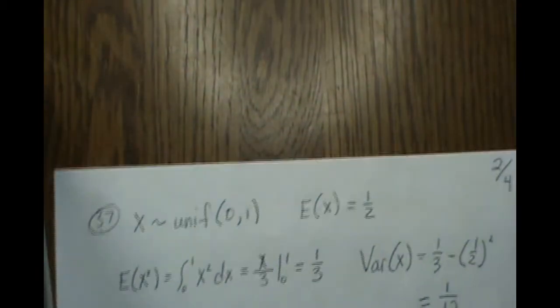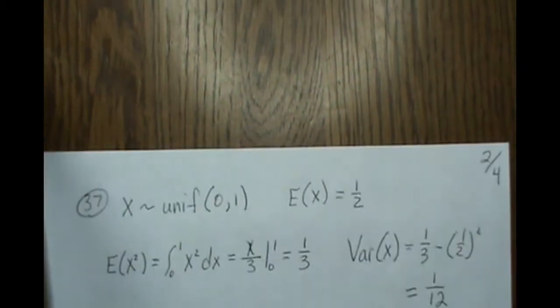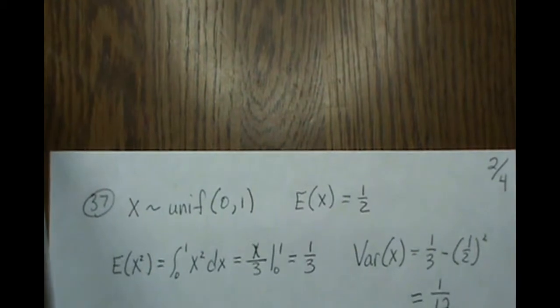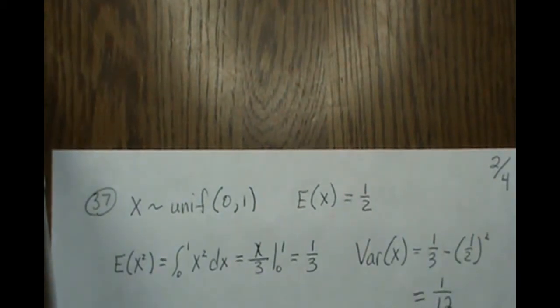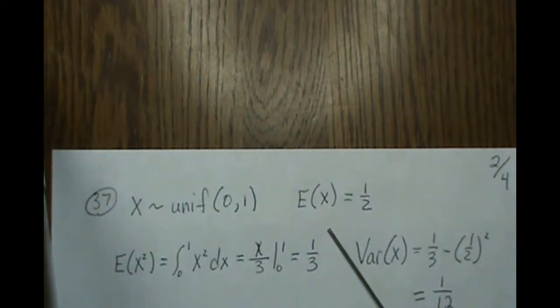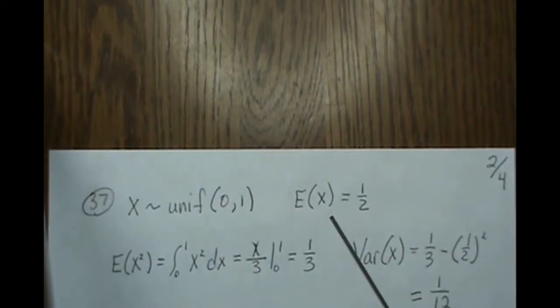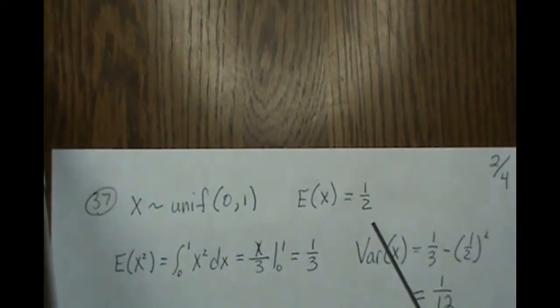Now, 37 is an interesting problem. We want to find the variance of Y, and we're given that X is uniform 0, 1. So that means the expected value of X is 1/2.